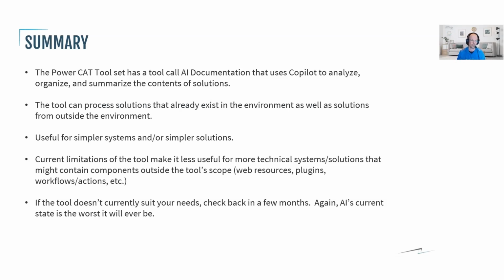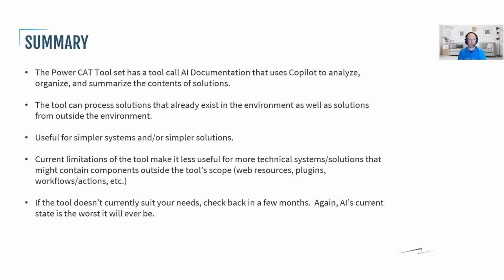So this is going to be useful for, like I said, those simpler solutions or solutions that have simpler or fewer components that match into those categories that it's breaking down. It's going to be less useful for more technical systems or more technical solutions that might contain things outside of the tool scope. Again, your web resources, your plugins, your workflows, your traditional workflows and actions, things of that nature.